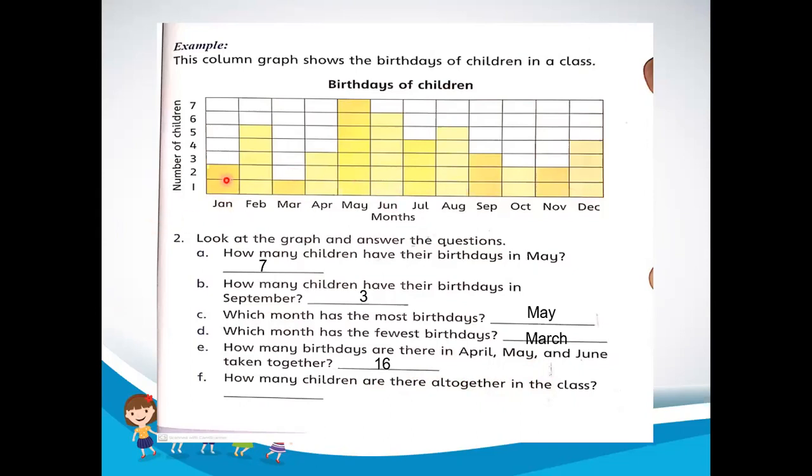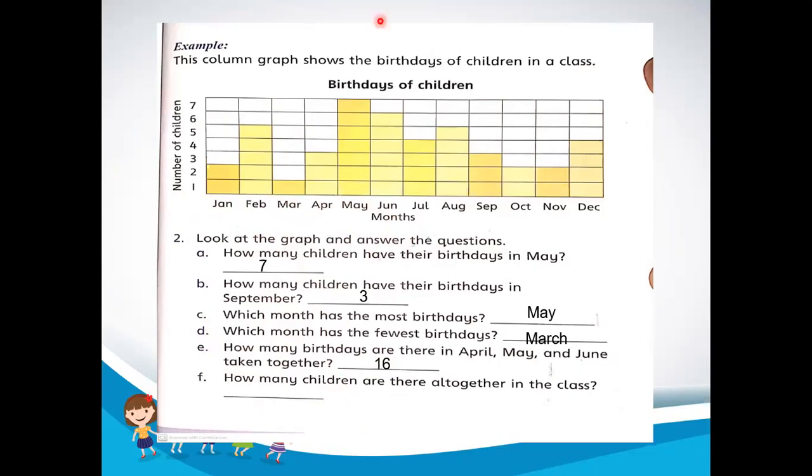For example, here 2 students, 5 students, 1, 3, 7, 6, 4, 5, 3, 2, 2 and 4. We will add all these numbers of students so we can get the number of children in the class.